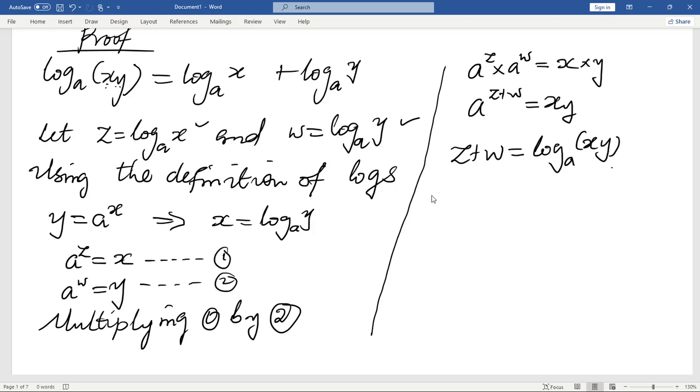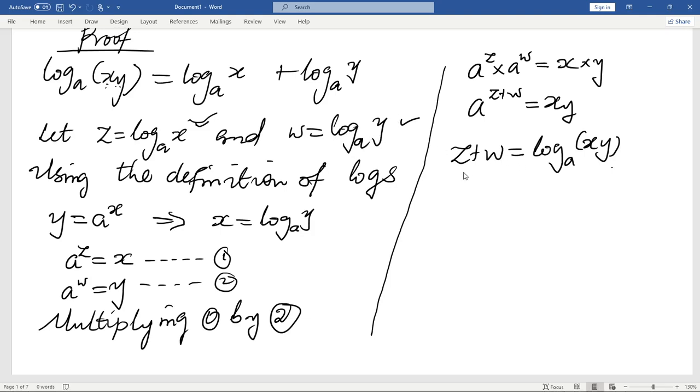Now, since we made an assumption when starting that z is equal to log to the base a of x, and w is equal to log y to the base a, we make these substitutions into this expression: where there's z, we put log x to the base a, and where there's w, we put log y to the base a.